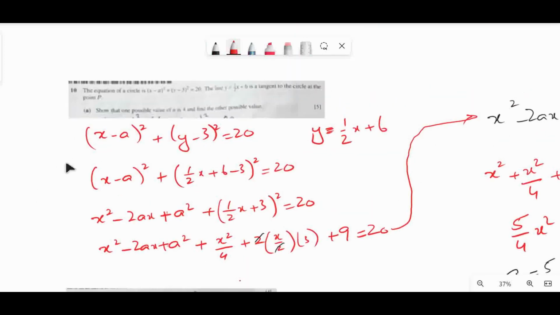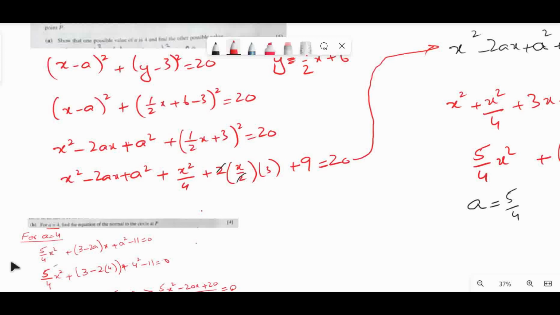Now here we can see this is the main equation of the circle, and the value of a is 4. So it means 4 and 3 will be the center.